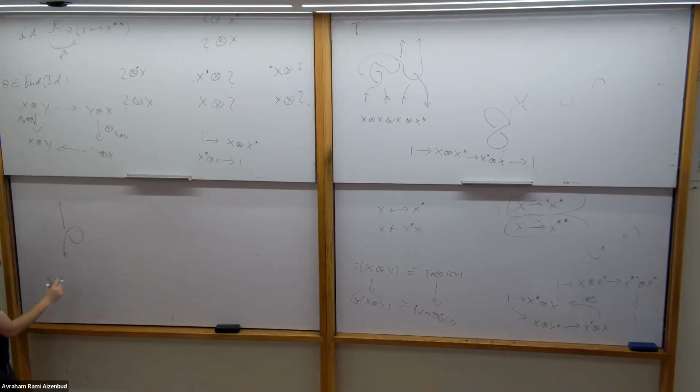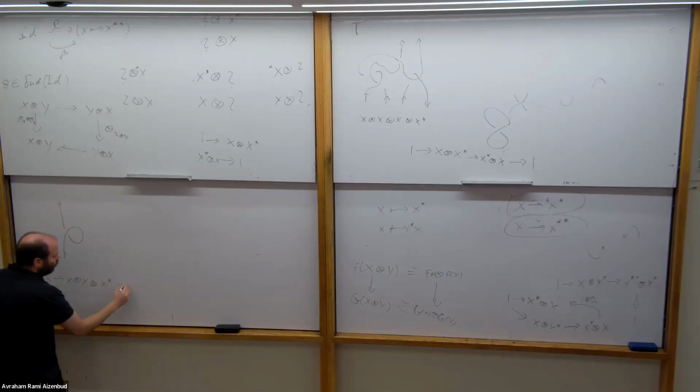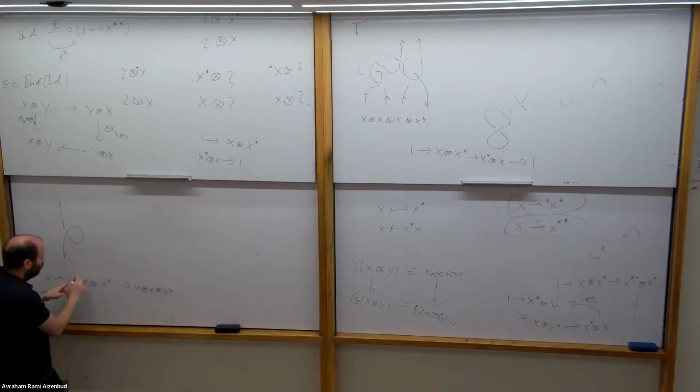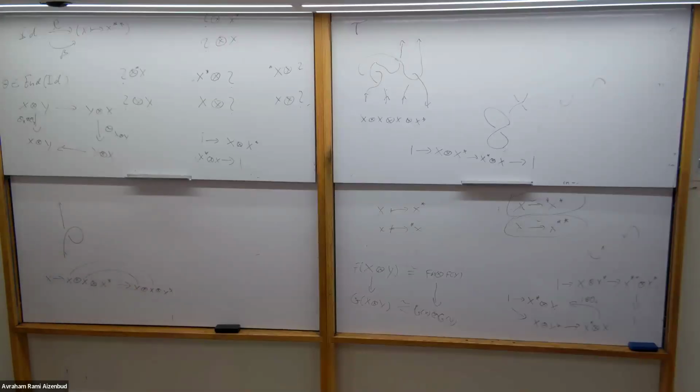Here you already have 3 objects: x tensor x tensor x star. Now here you have the braiding, x tensor x tensor x star, but you switch these two guys like this.